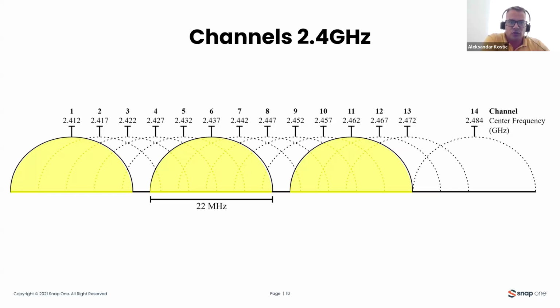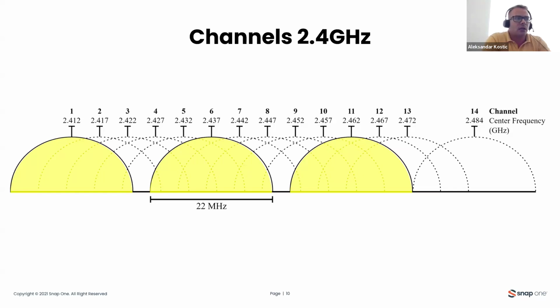So in an ideal situation, all channels will be completely separate for clear data transmission. Typically, as you can see on this diagram, we use channels 1, 6, and 11 because those 3 channels do not overlap with each other. And we have only 3 non-overlapping channels on 2.4 gigahertz.